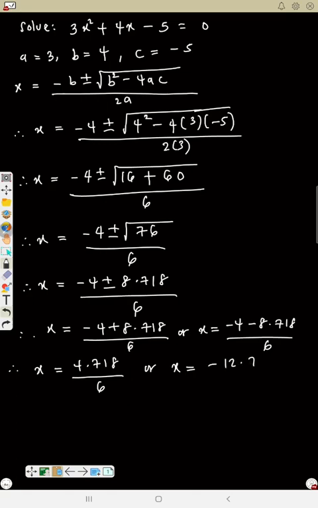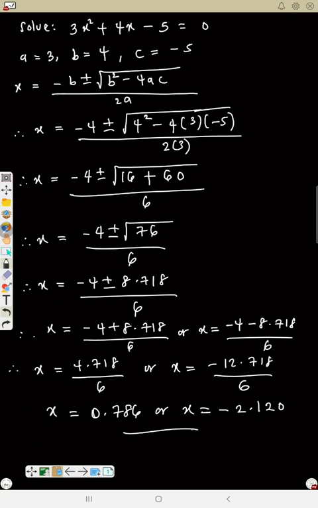minus 12.718 divided by 6. Now if you divide, that will be 4.718 divided by 6, so that will be 0.786, or x is equal to minus, so if you divide 12.718 by 6, you should get minus 2.120 approximately.